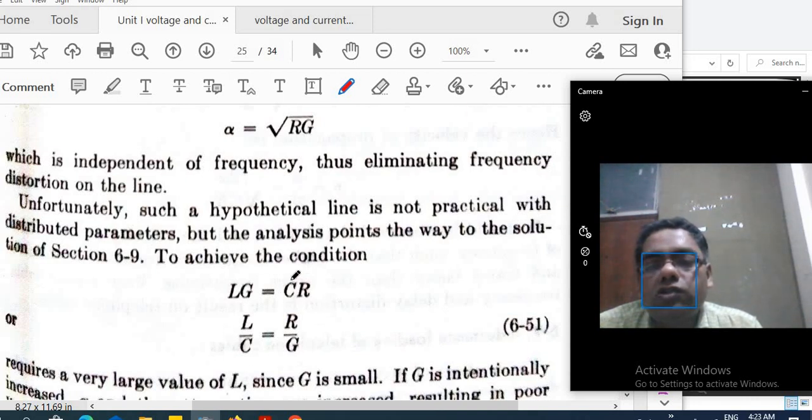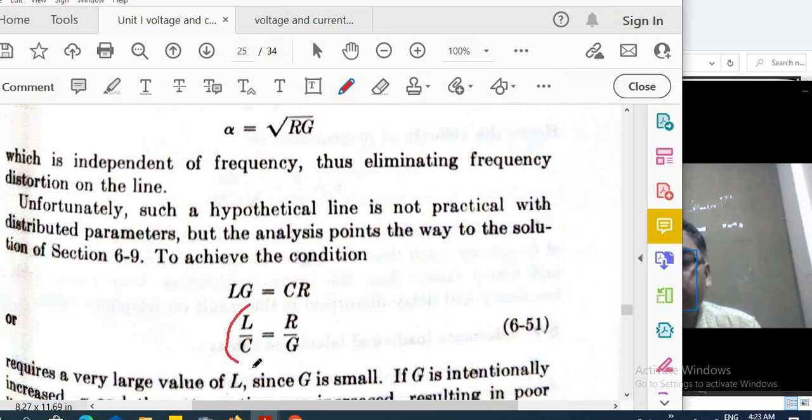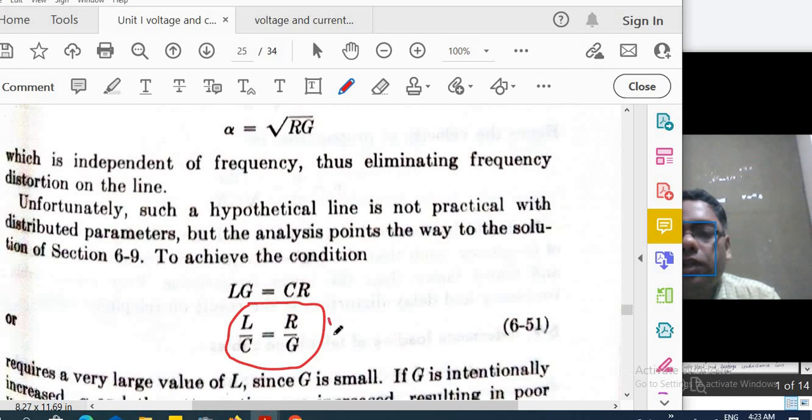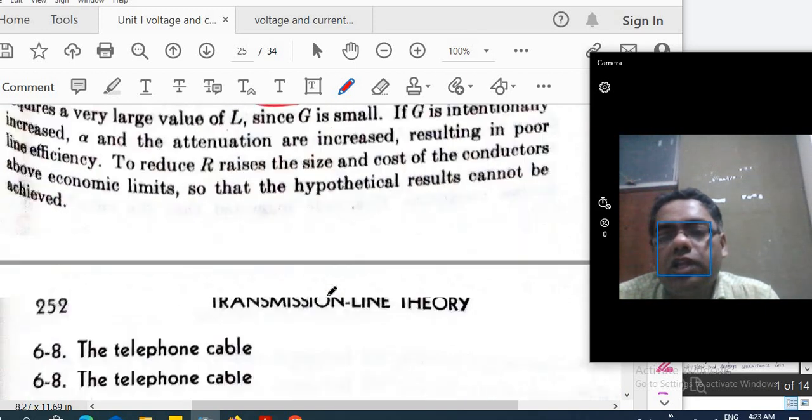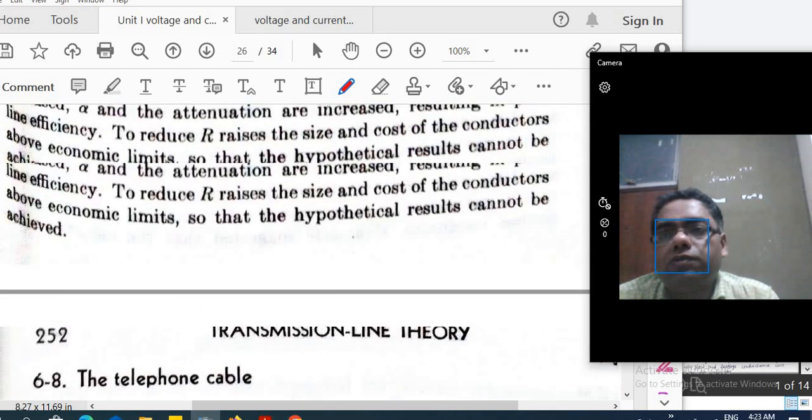For frequency distortion also, if we proceed in the same way, we get the same expression, which indicates that the condition is the same as what we got for delay distortion. Thus, in order to have a distortionless line, we should always have the condition R by G equal to L by C, then only it is possible.